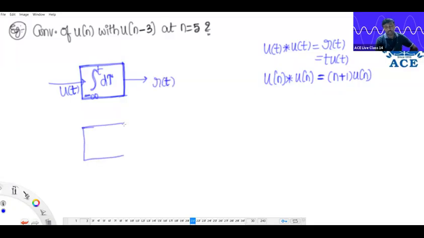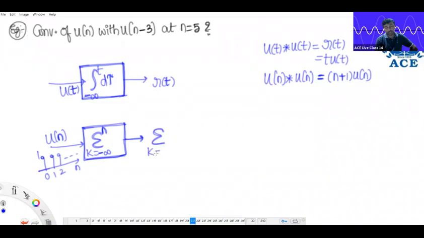When you take an integrator in the continuous case, what is the equivalent discrete system we are choosing? Summation from minus infinity to n. For u of n, samples are covered from 0 to infinity.